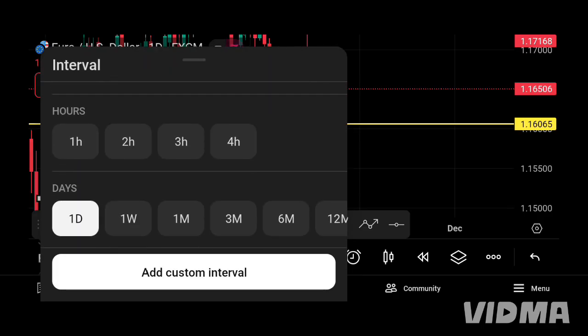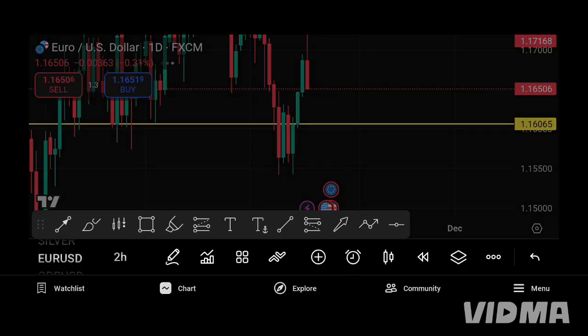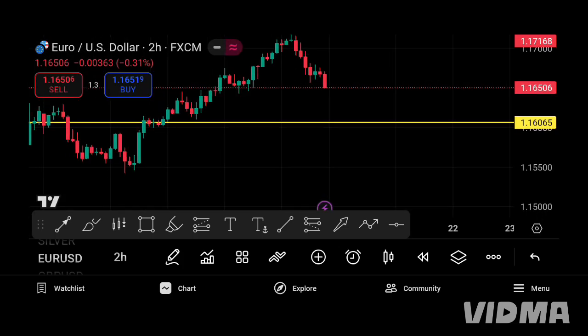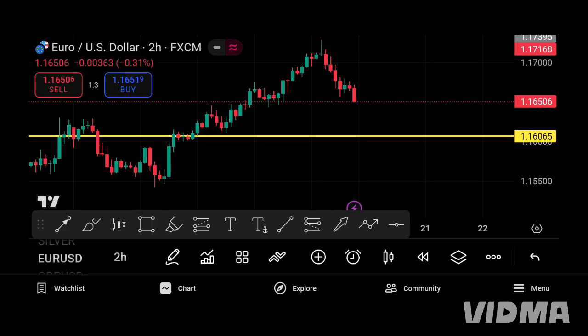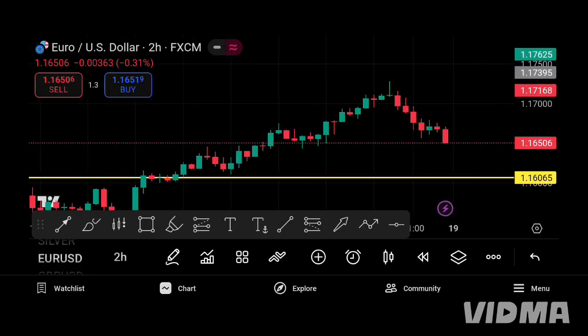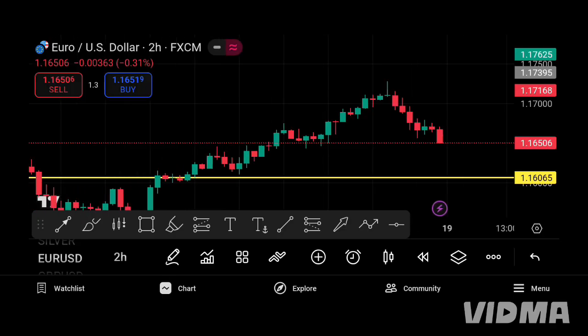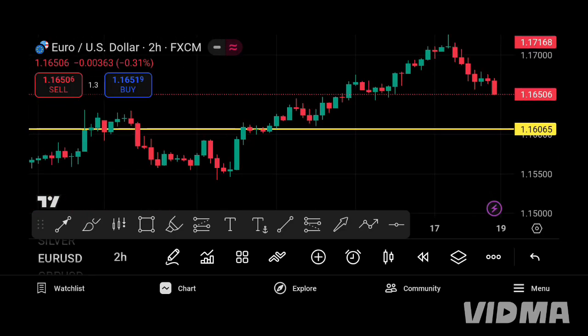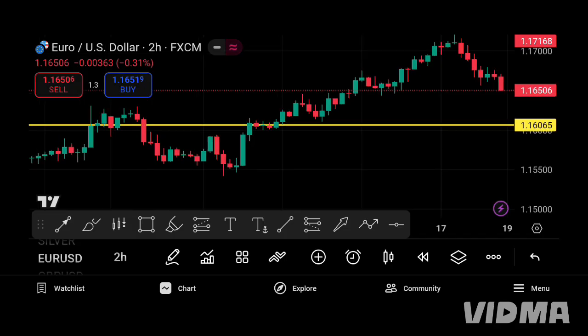Let's first scale down to the H2. So after scaling down to the H2, try to zoom. Yeah, hope you can see it. So you see our line is here, the open.